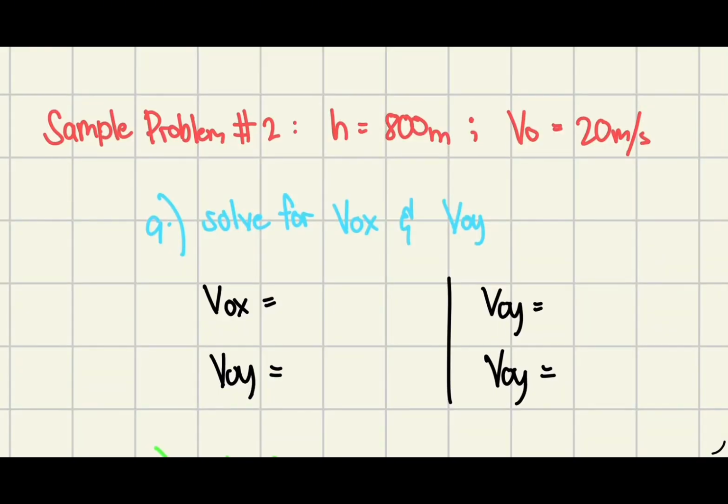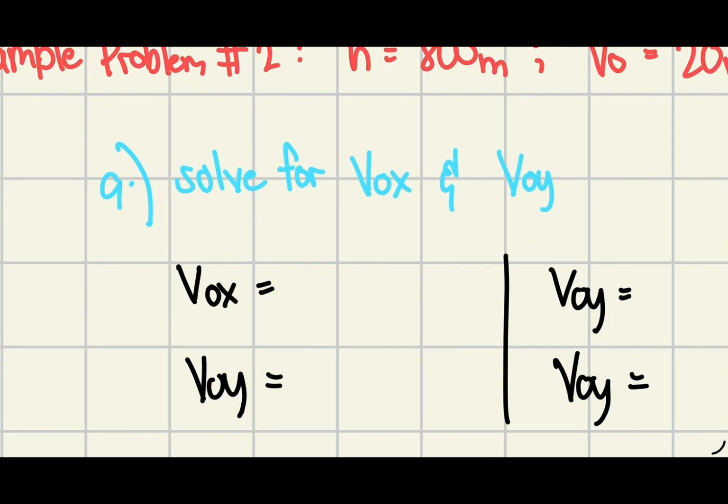For sample problem number 2, we are given the height of 800 meters and the initial velocity of 20 meters per second. So for letter A, we are trying to solve for the vertical and the horizontal component of our initial velocity.